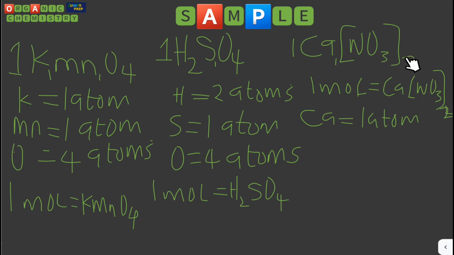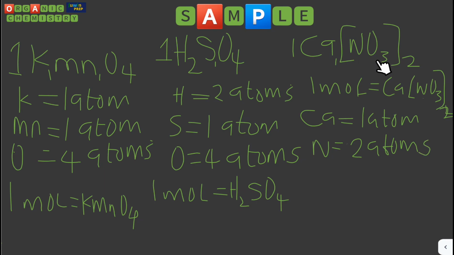So now you say 2 times 1 is 2. So this nitrogen becomes 2 atoms. So nitrogen equals 2 atoms.